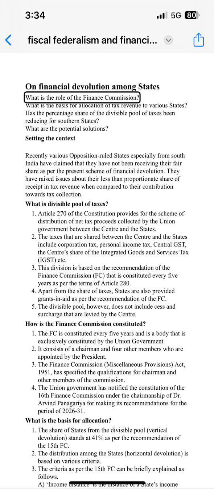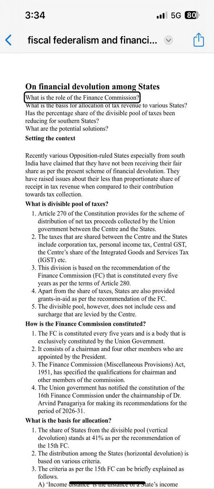What is the proportion of net tax revenue of the central government to be shared with the states? 41% of the total net tax revenue of the center should be shared with the states. Fine? 41%. Now coming to the issue. What are the problems coming up in the devolution of the tax revenues to the states?